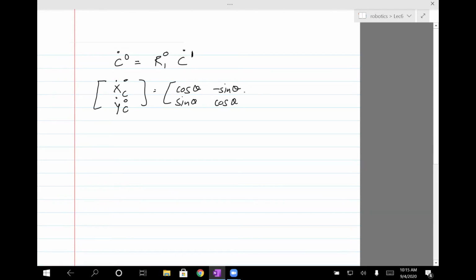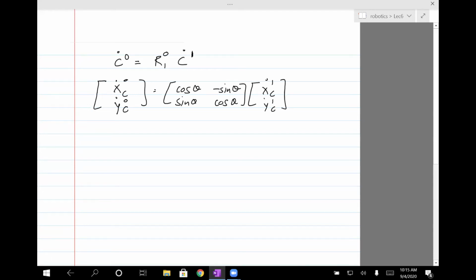So c dot 0 equals R10 c dot 1, where c dot 0 is x dot c0, y dot c0. The rotation is cosine theta minus sine theta, sine theta cosine theta, and then the speed is what we just derived, x dot c1, y dot c1.